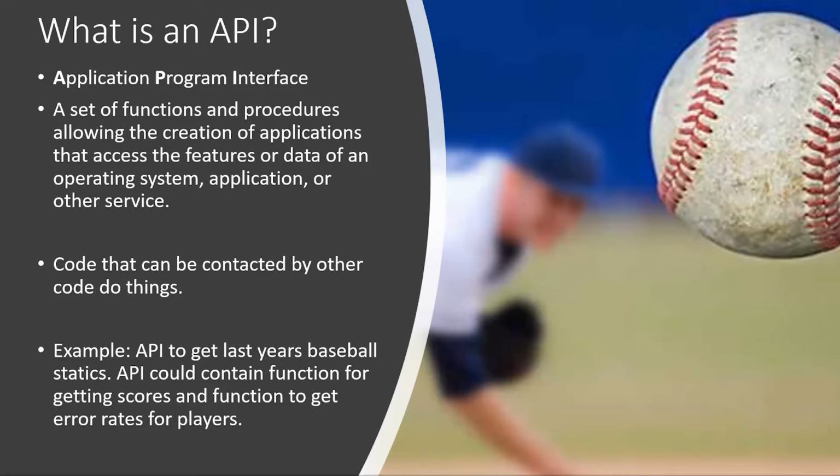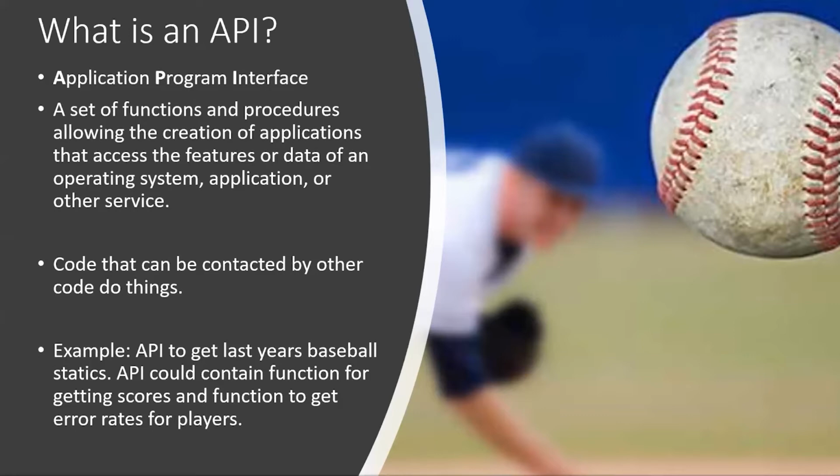To give one example, and that's why I have this picture of the baseball pitcher here, there could be an API out there, and I'm sure there is, I think there's a sports API, to be exact, that allows you to call an endpoint and get last year's baseball statistics for a particular team, like maybe the A's. You're an A's fan, you want to know all their statistics for last year.